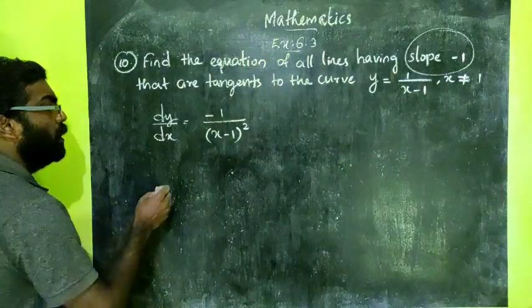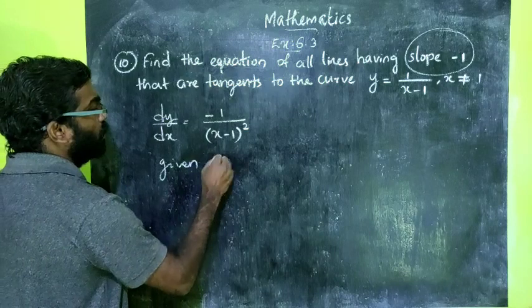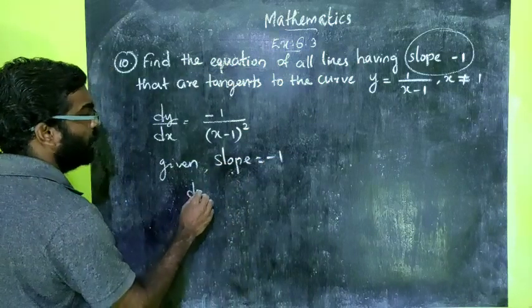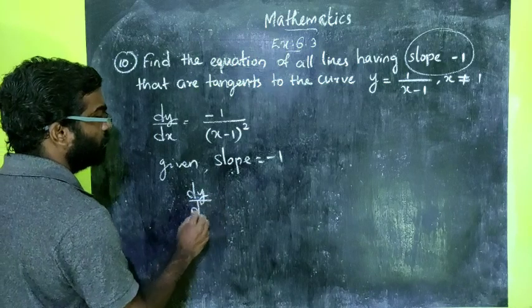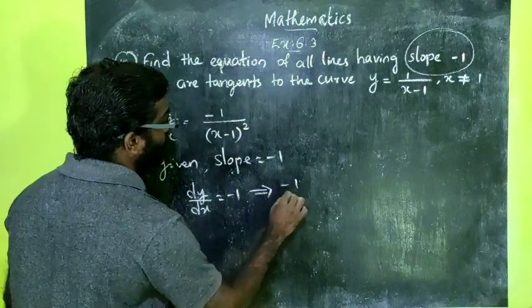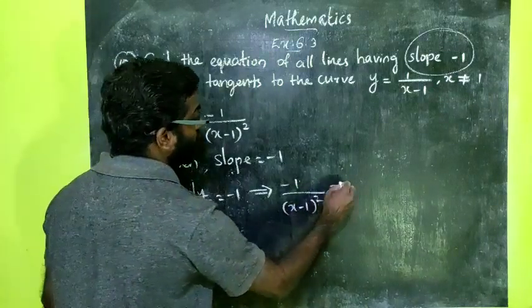So we can equate the values. Given slope is equal to minus 1, which implies dy by dx is equal to minus 1. That is minus 1 by (x minus 1) the whole square is equal to minus 1.